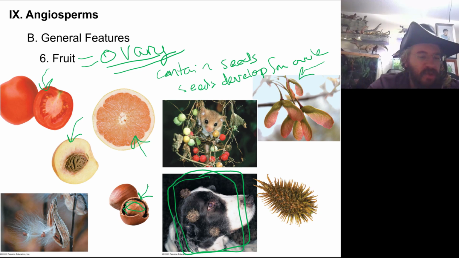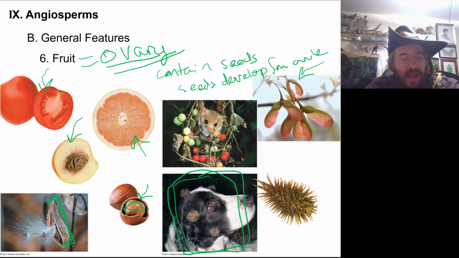Yeah, the milkweed ovary splits open once the seeds are mature, and then the seeds are dispersed by wind. So not all fruits are to be eaten. Some fruits have adaptations for being moved around by critters, just stuck to the critters.